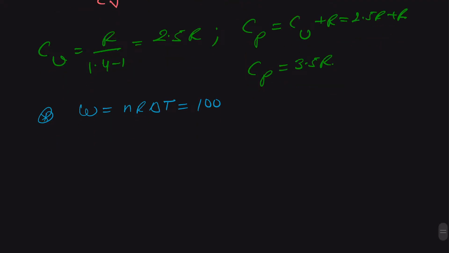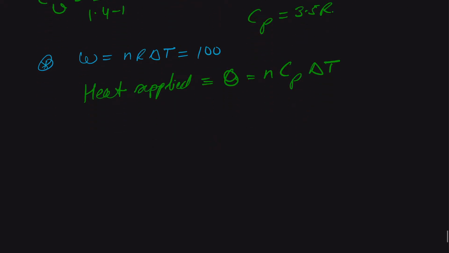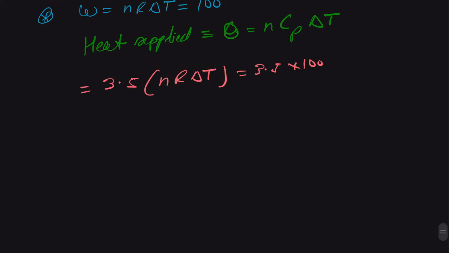Therefore the heat supplied, which is our Q, is equal to n Cp multiplied by delta T, and we can say is equal to 3.5 times nR delta T, giving us 3.5 times 100, which gives us that the heat supplied is equal to 350 joules.